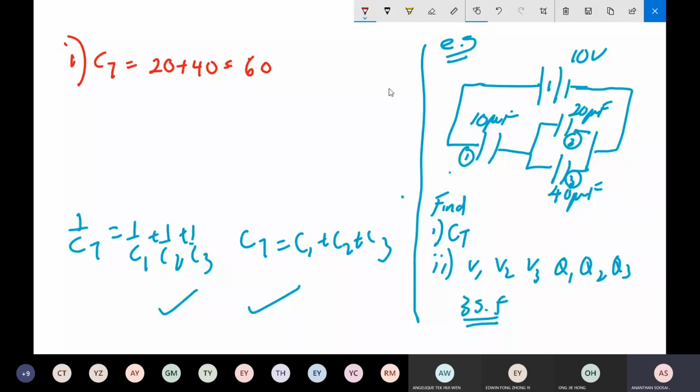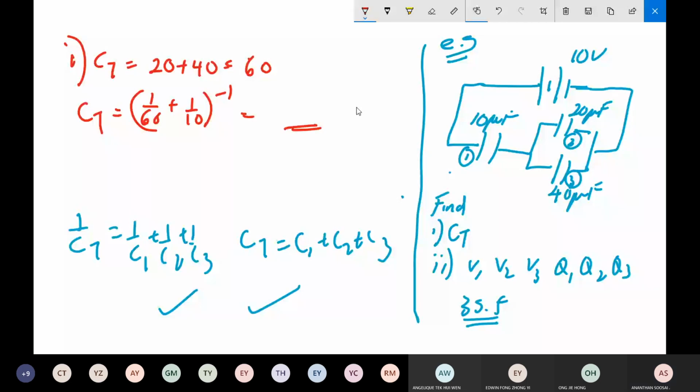Then the 60 needs to be added with 10. So 1 over 60 plus 1 over 10, the reciprocal is going to be your C total. Can anyone help me to calculate 1 over 60 plus 1 over 10, reciprocal?